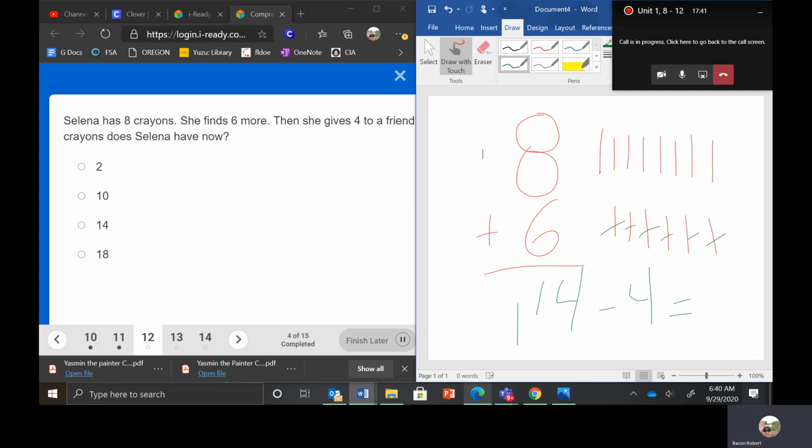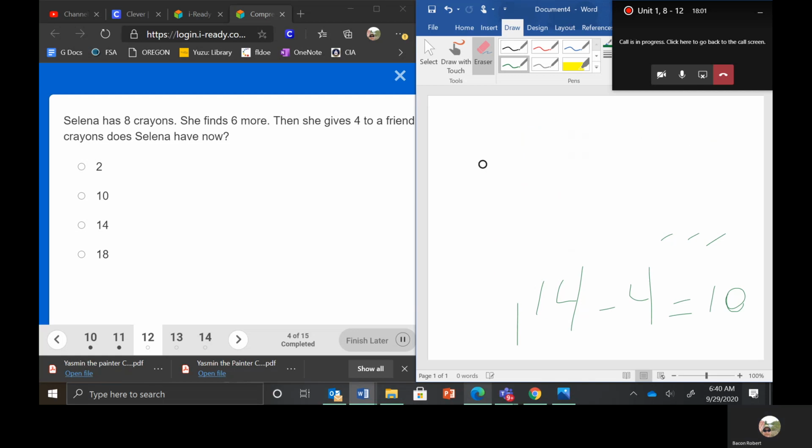Well, hopefully you all recognize our friendly number 10. Because 14 take away 4 brings us right back to 10. 14 minus 4 equals 10. If you think about your 14, you have 10 and 4, right?